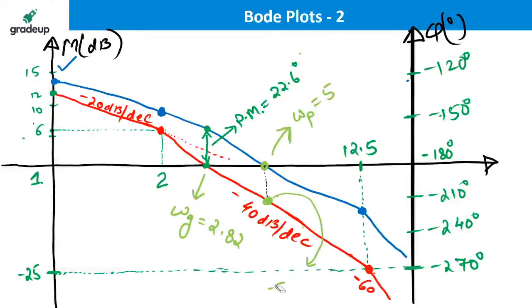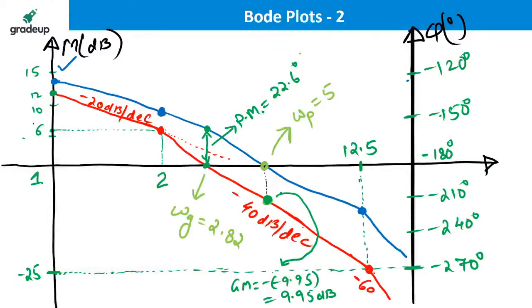Okay, let me write down the gain margin also on the plot. Let us write down the reading on the plot. As I told, gain margin is the negative of the magnitude obtained at omega p. So from this I am writing what is the gain margin is minus of minus 9.95. This was obtained as minus 9.95. So the gain margin was plus 9.95 decibel.